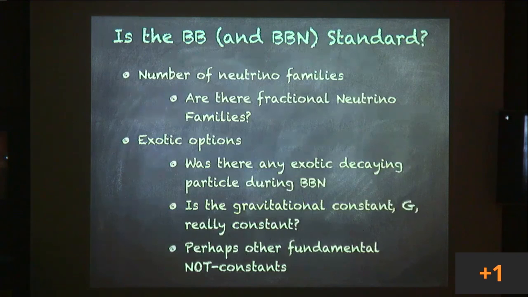And especially, we can check whether the Big Bang is standard or not. There are a bunch of things that have been proposed that are non-standard Big Bang that, if the Big Bang was not standard, would show up as a delta YP, as a difference in YP between what is expected and what is found.